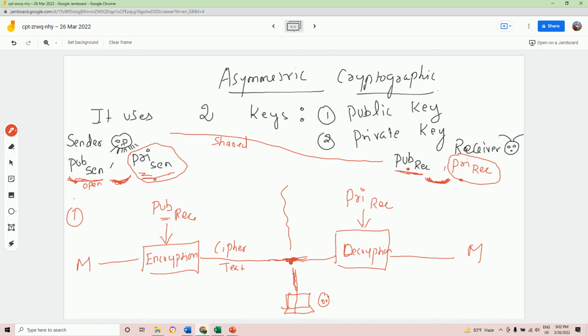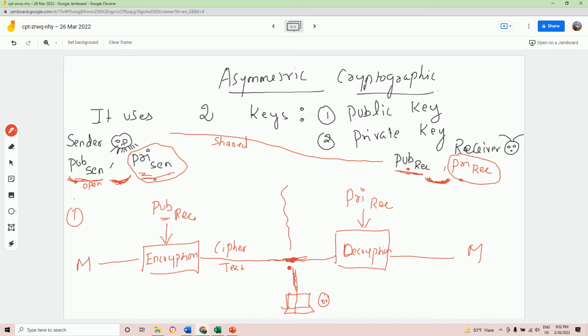So the attacker cannot see the message. When you encrypt the message with the public key of the receiver, and decrypt the message using the private key of the receiver, please understand very carefully, then there is confidentiality. If there is confidentiality, the attacker cannot see the message.